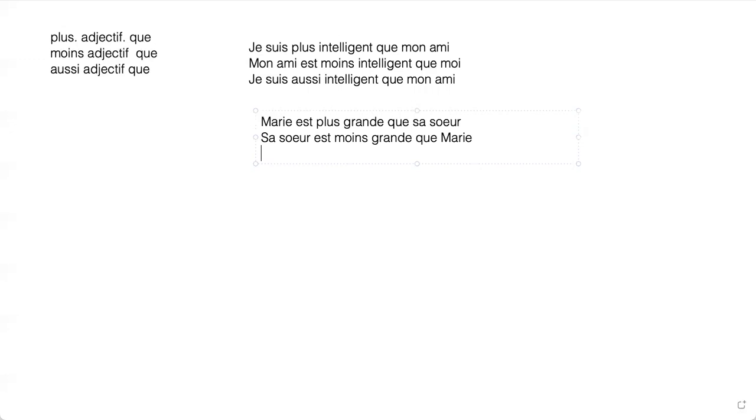But if they are as tall as, if Marie is as tall as her sister, you can say Marie est aussi grande que sa sœur. But if I change the subject to masculine, so if instead of Marie, if I say Paul, because Paul is masculine, say Paul est plus grand, not grande, we say grand, plus grand que son frère.